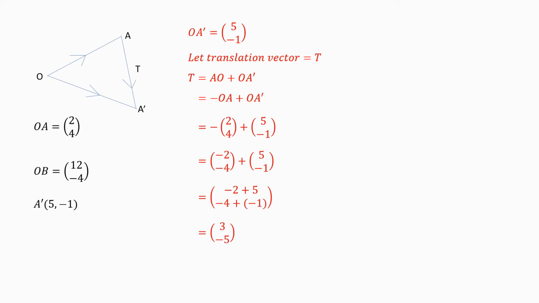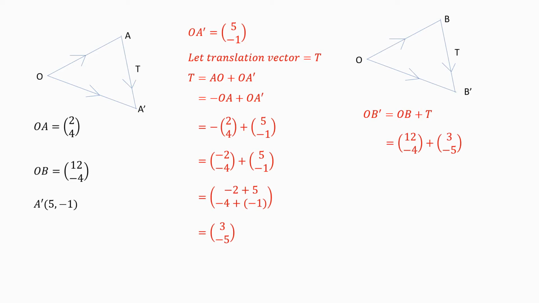Now we need to use this T to find the coordinates of the image of B. For illustration purposes, we need to find OB prime, and then use OB prime to find the coordinates of B prime. So OB prime will be OB plus T. OB is (12, negative 4) and T is (3, negative 5).